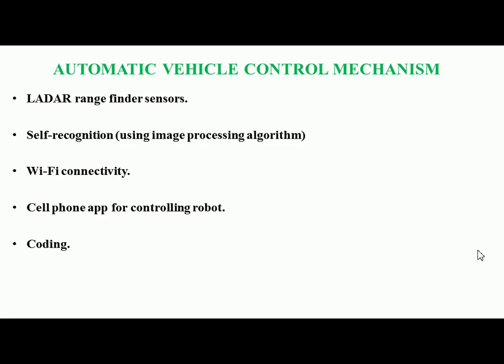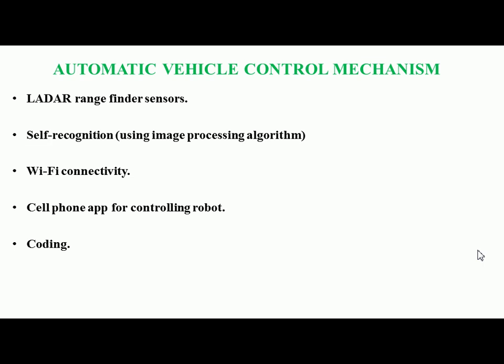And this is my mechanism. I'm using LiDAR to find the object accurately, and a self recognition system using image processing algorithms. For the self recognition system, I'm using the CMOS camera, which can sense the color of an object. Wi-Fi connectivity helps the robot to find the object and the right path.